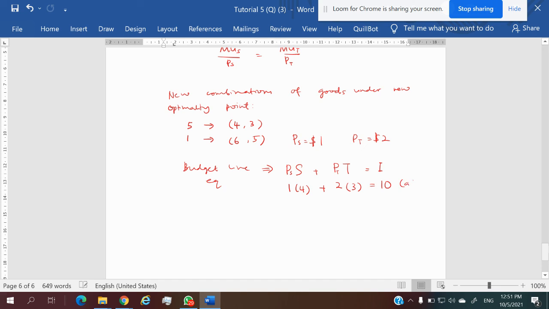So this is affordable, isn't it? If we use the other combination, 6 times 1 plus 5 times 2 is 16, so it's more than the $10 that we have. So we cannot afford this. This combination is not affordable.